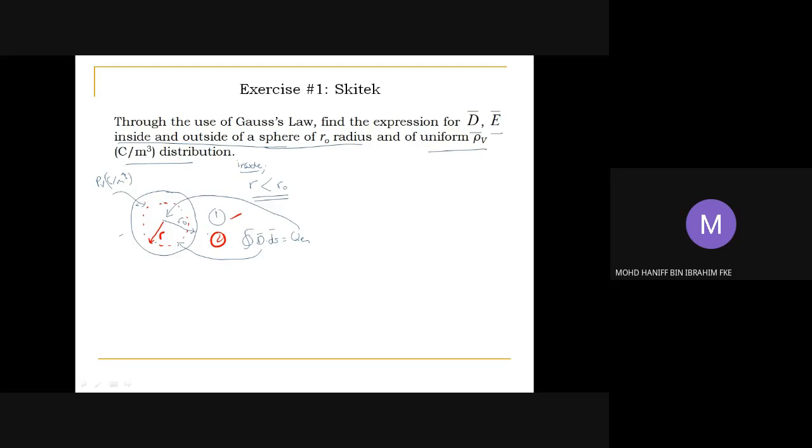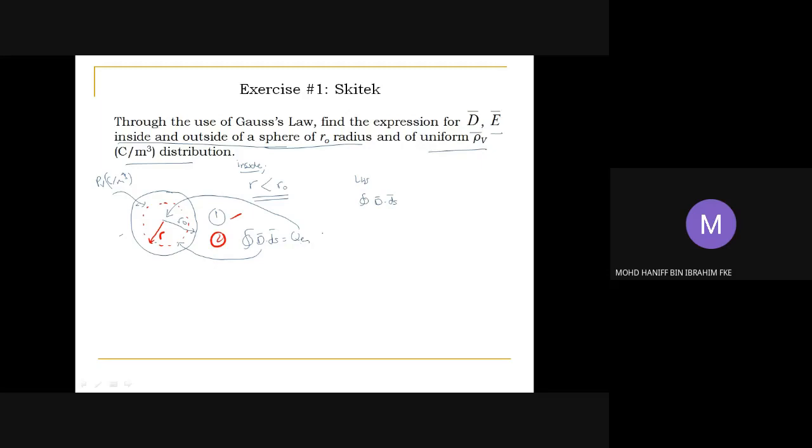The left-hand side is the integration on the Gaussian surface. The Q enclosed is the charge inside the Gaussian surface. So let us proceed with the integrations, and let us proceed with Gauss law first. For the left-hand side, we have the closed surface integration of D dot dS.